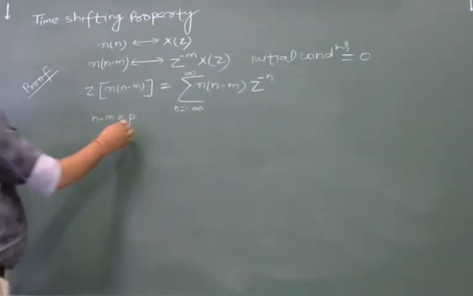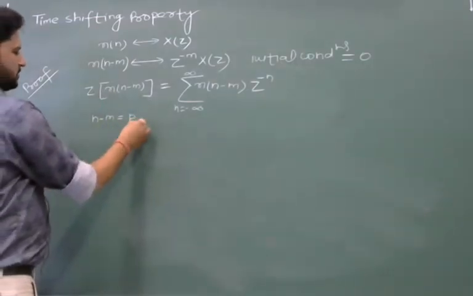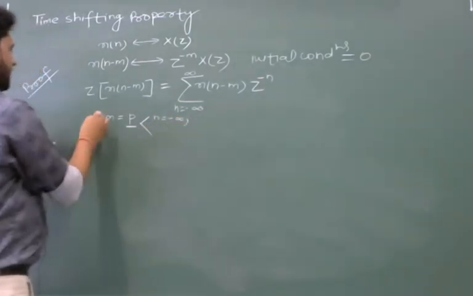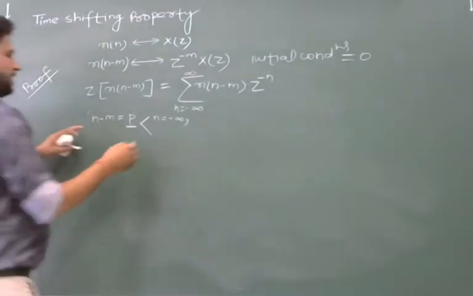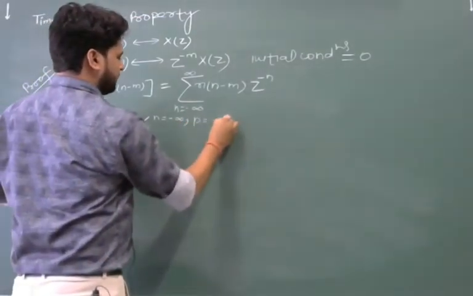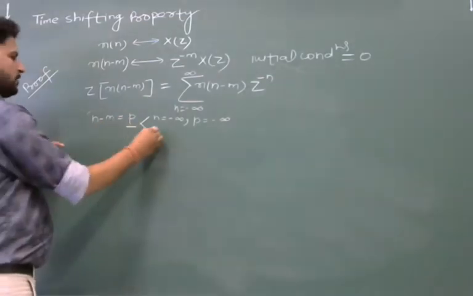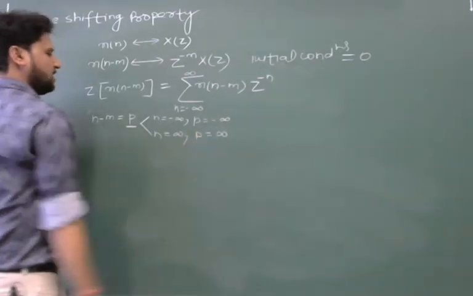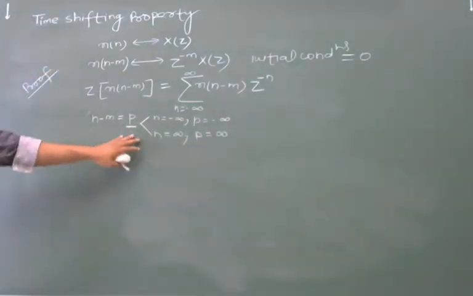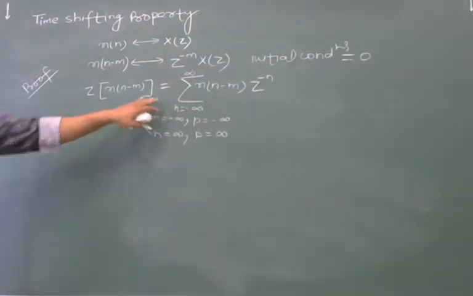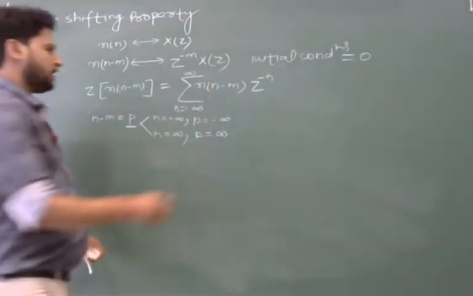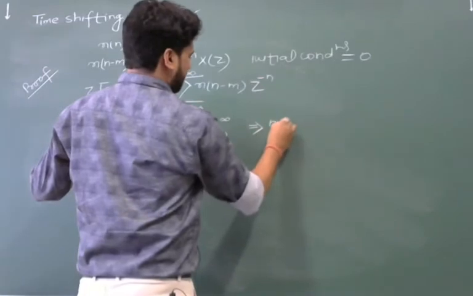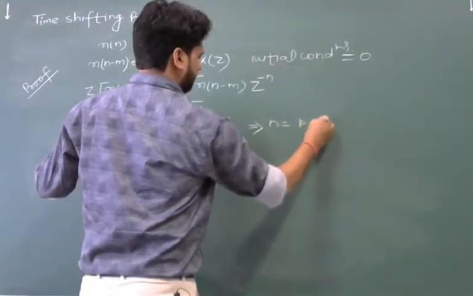What will be the limit on this new variable p? When n is equal to minus infinity, p will also be equal to minus infinity. When n is equal to plus infinity, p will also become plus infinity. It means that the limits will remain the same when I replace n minus m with p. Also, if n minus m is equal to p, then in place of n we can write p plus m.